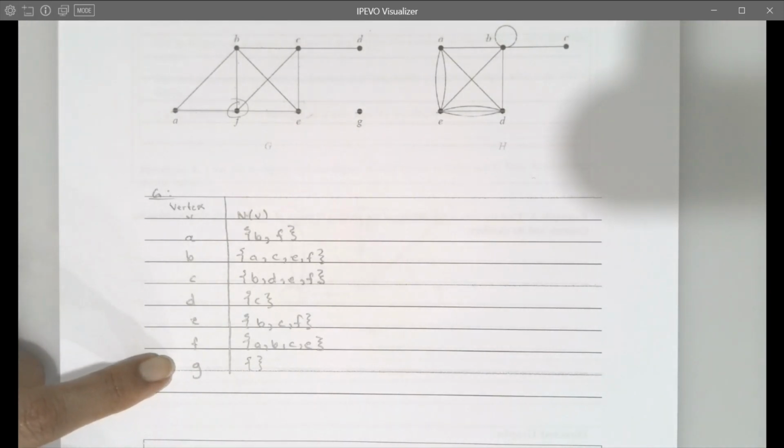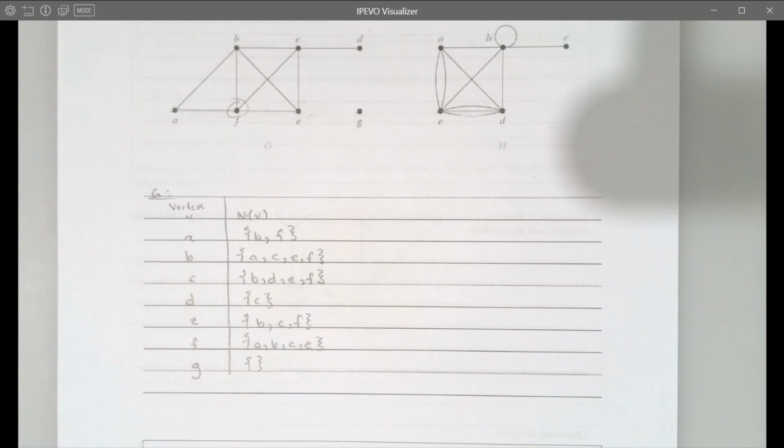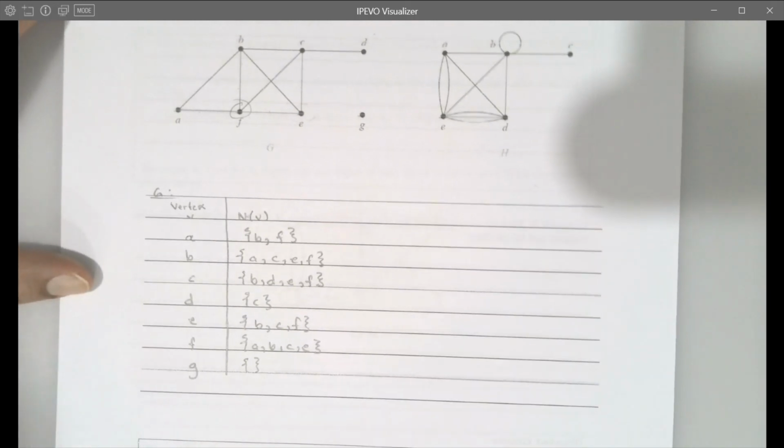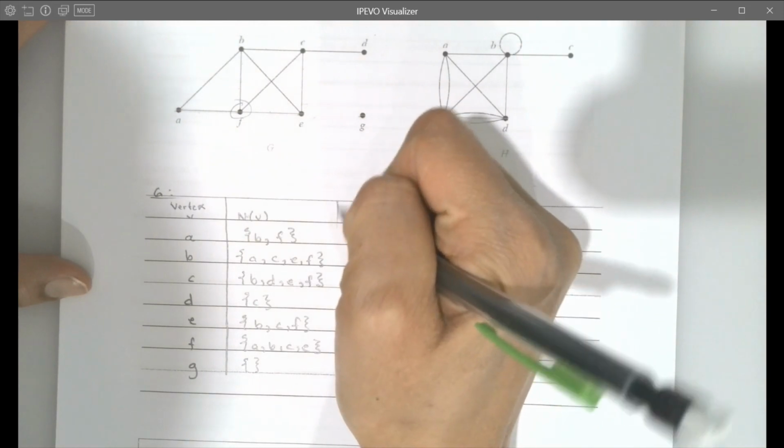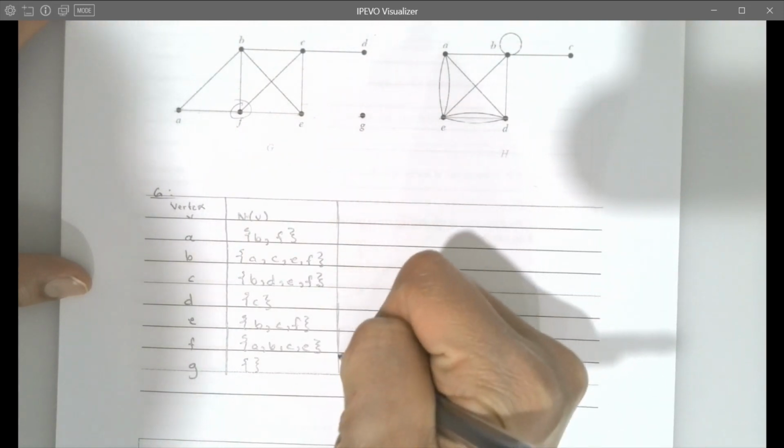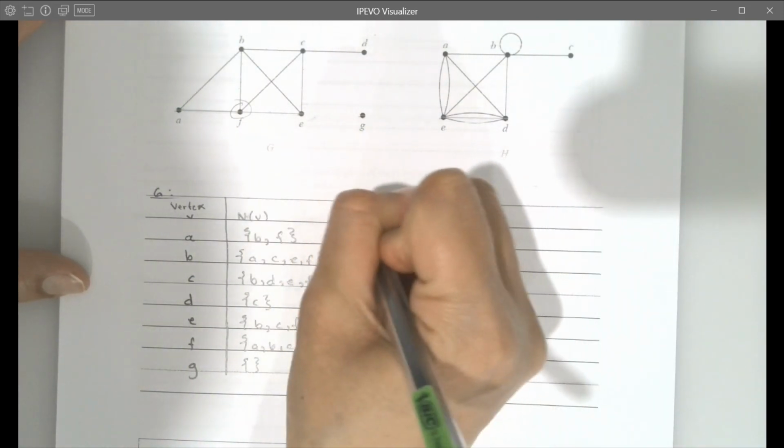Now they do ask for the degrees as well, and the degrees is the number of edges that are incident to a vertex. So let me just go ahead and create another column for the degrees.